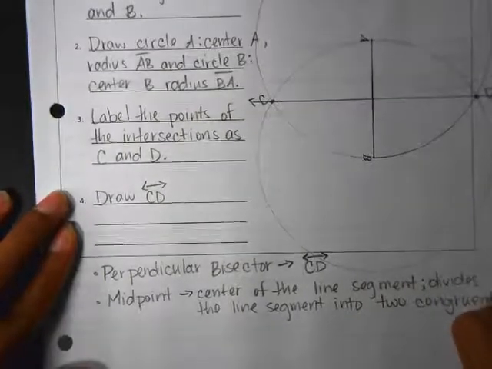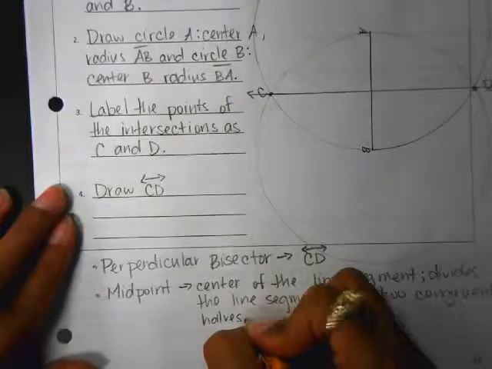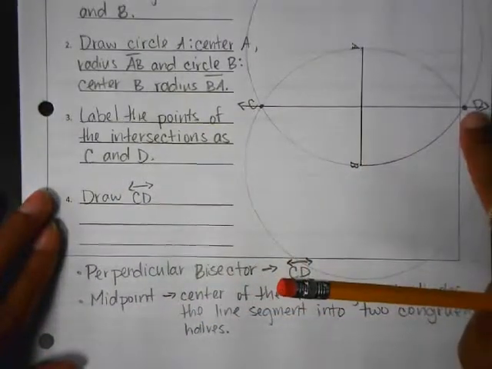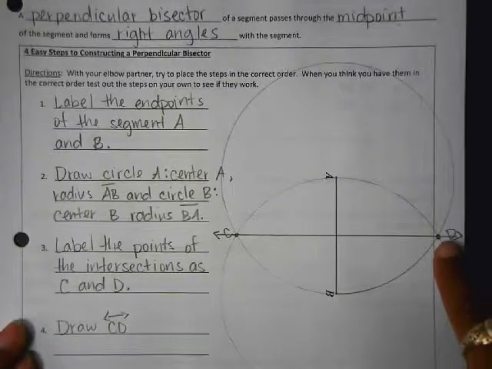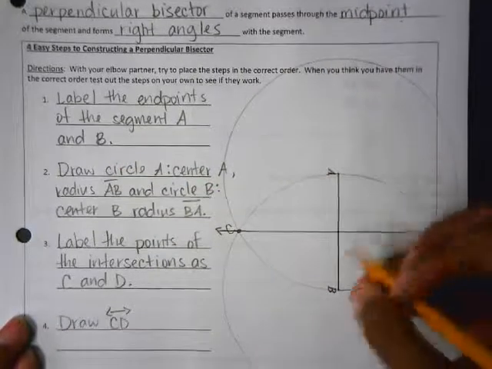Now since CD is the perpendicular bisector, and my sentence says that the perpendicular bisector passes through the midpoint of the segment, and AB is my segment, this right here must be the midpoint.